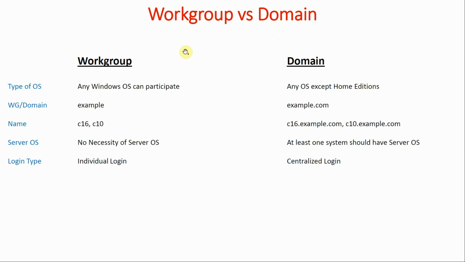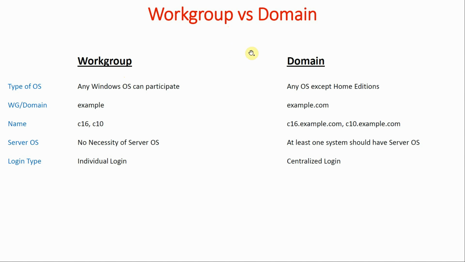Suppose some organization has given you the task to implement the networking, and they have left it to you whether you want to implement workgroup networking or domain networking. So what are the factors that you have to keep in mind when designing workgroup or domain type of networking?